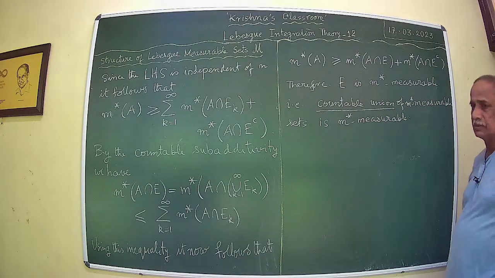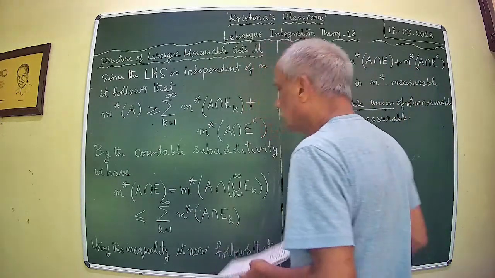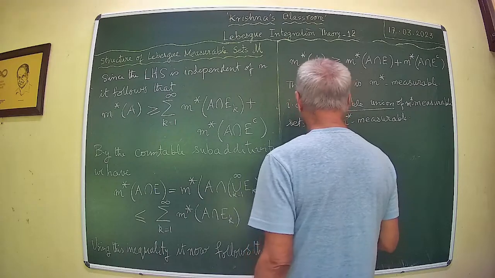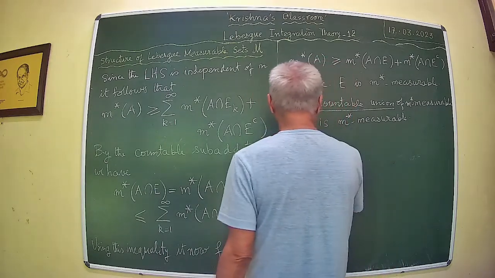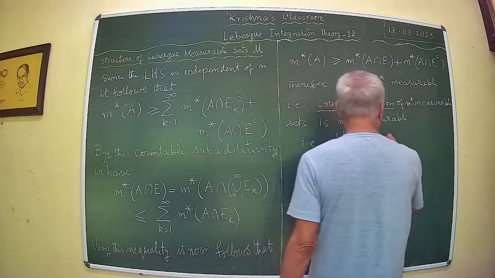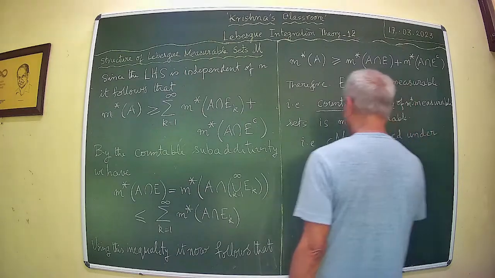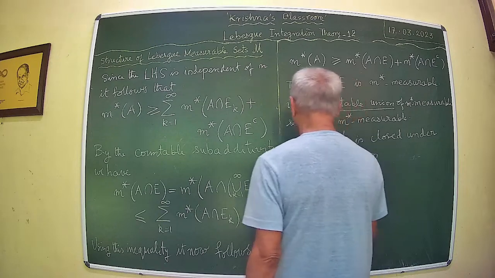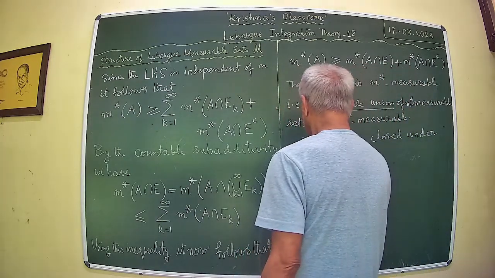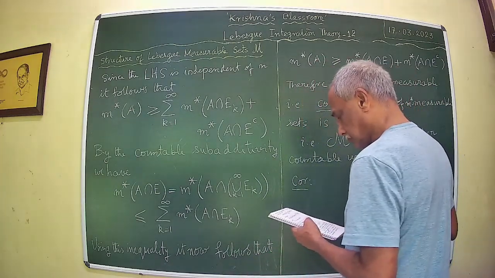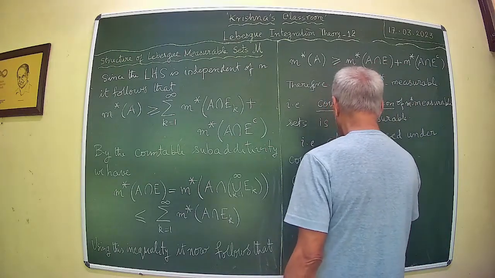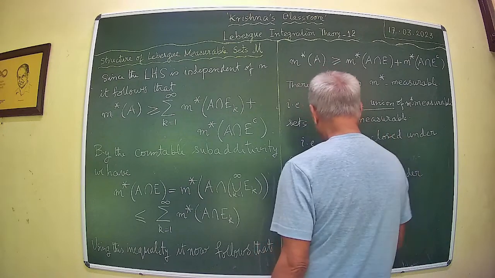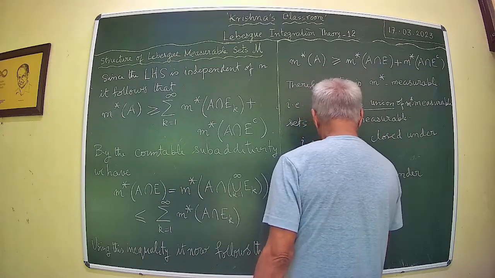Now, a consequence of this, we can write that, okay, therefore, that is, now one of the consequences of this is this, that is, the class is closed under countable intersection.